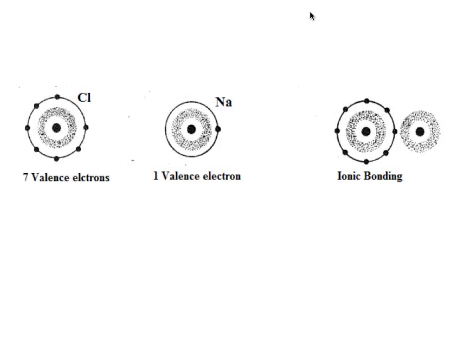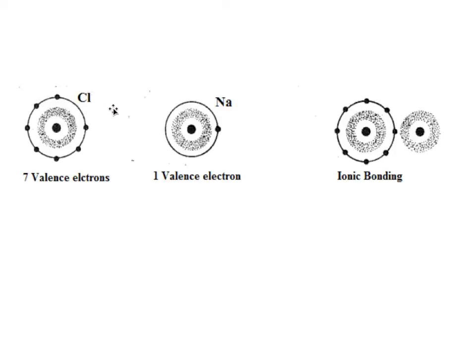We start by looking at a simple case with an ionic bond between a chlorine atom and a sodium atom. The chlorine atom has 7 valence electrons and the sodium atom has only 1. This means that this electron is easily captured by the chlorine valence shell.